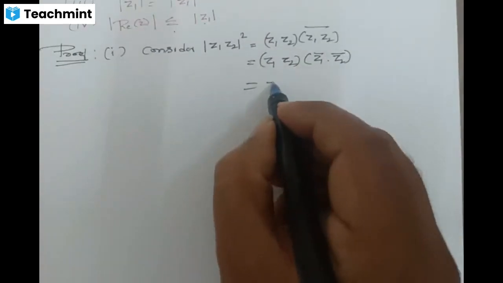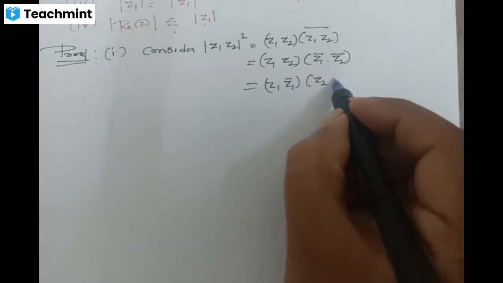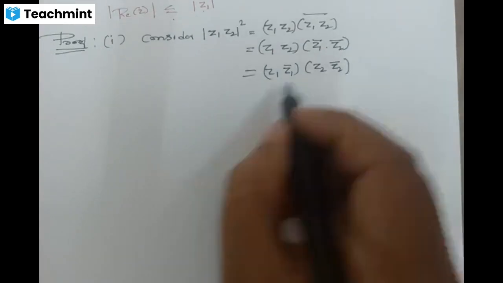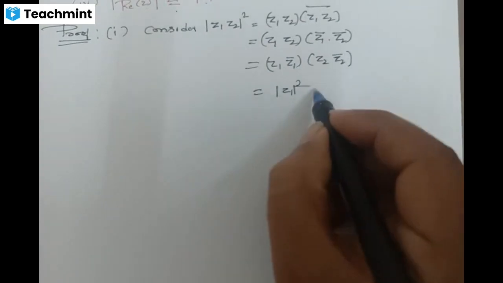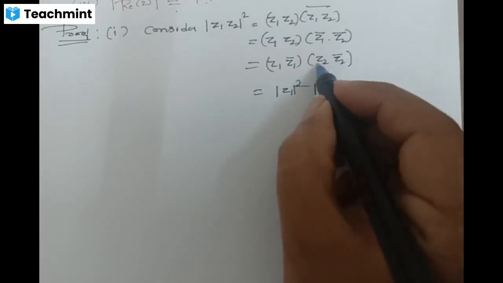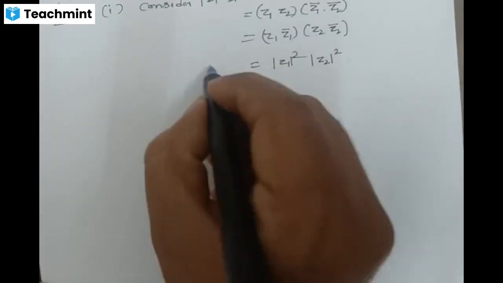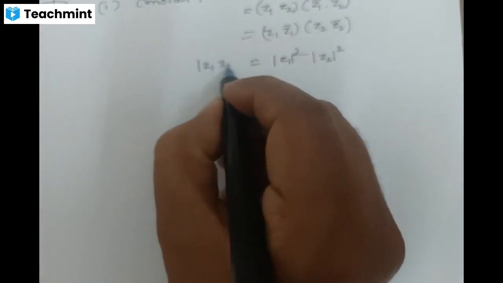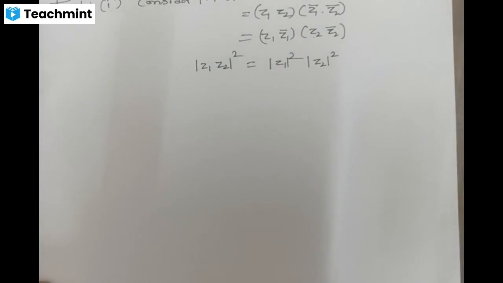Next I will club z1 into z1 bar as one set, and z2 into z2 bar as another set. z1 z1 bar we can write as mod z1 whole square. Here z2 into z2 bar we can write as mod z2 whole square. Okay, that means mod (z1 z2) whole square we can write as mod z1 square into mod z2 square.